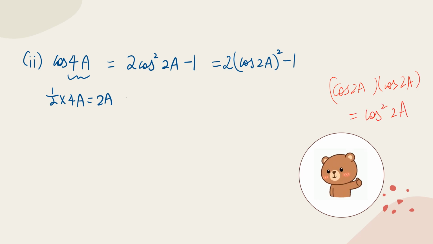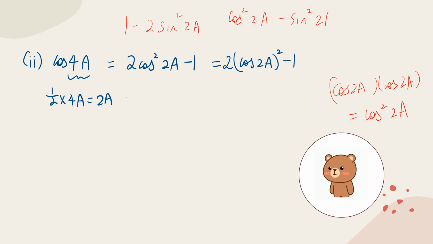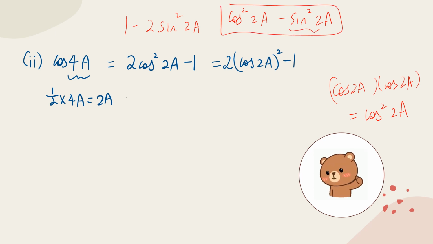If you do not want to use 2 cos squared 2a minus 1, you can also use 1 minus 2 sine squared 2a, or you can even use cos squared 2a minus sine squared 2a. Of course, these are not good choices because we do not have a value for sine 2a.